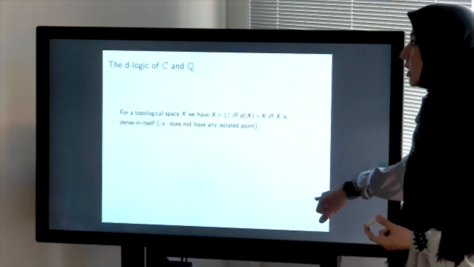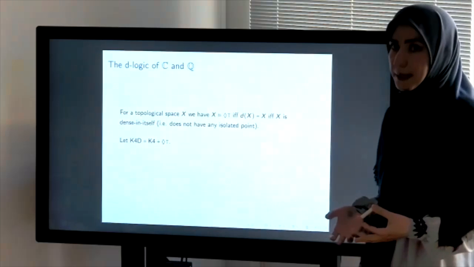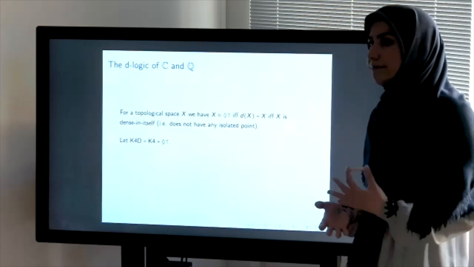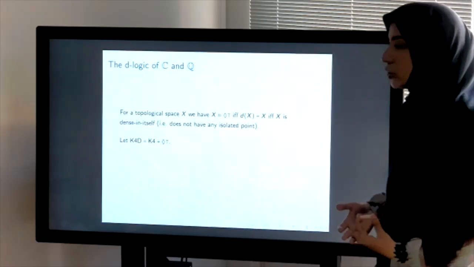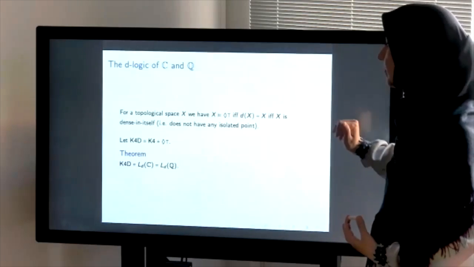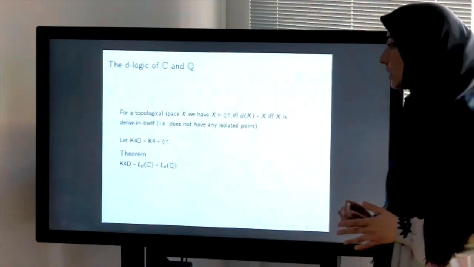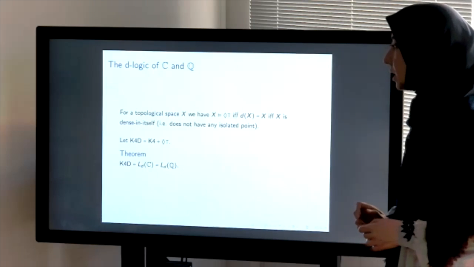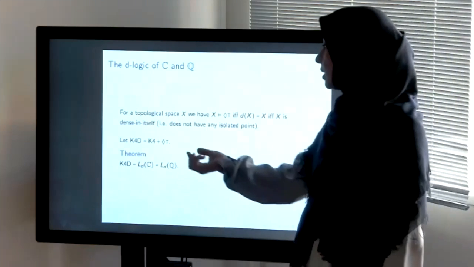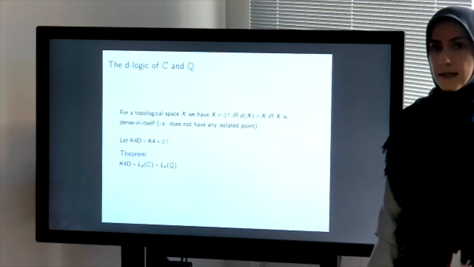And we know that C and Q are dense-in-themselves spaces, and also are TD spaces. So by some other details, we can prove that the d-logic of the Cantor set and the d-logic of the rational line are both KD4, which is K4 plus the axiom diamond true, which characterizes the class of dense-in-themselves spaces.